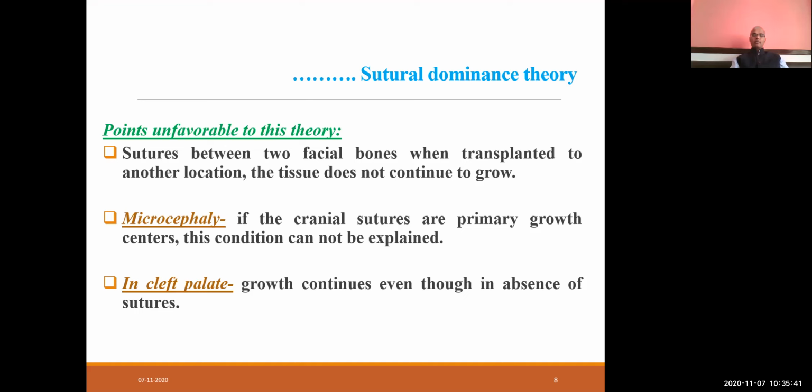Same in cleft palate patients, growth continues even in the absence of sutures. Means in cleft lip and palate, if sutures are the primary growth centers, then where the sutures are absent there should be no growth of the palate, but growth was found. So these points were unfavorable for the sutural dominance theory.